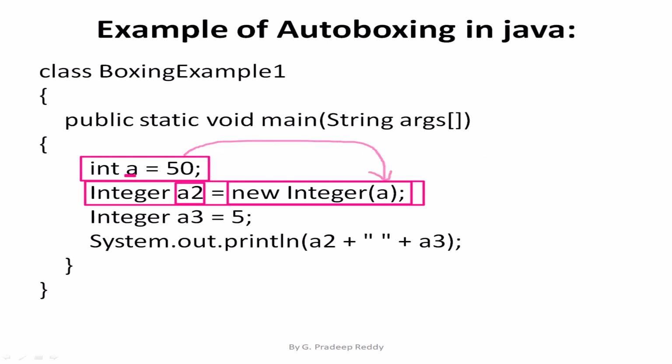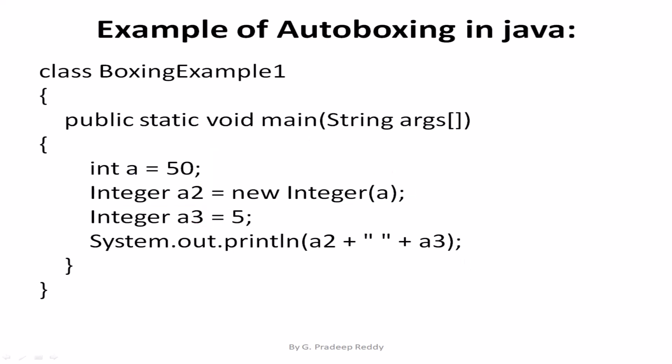Next Integer a3, which is a variable in the wrapper class, is going to hold the value 5. Finally we are going to print the values of a2 and a3.